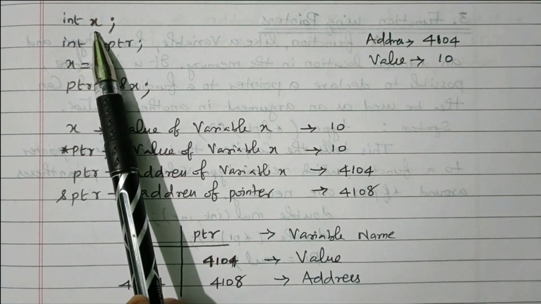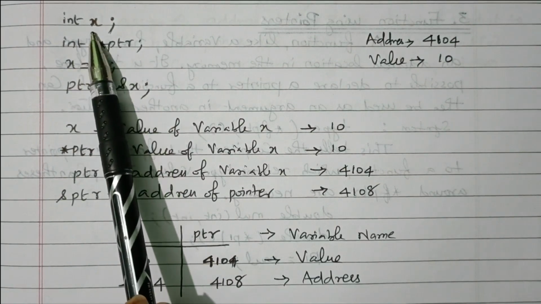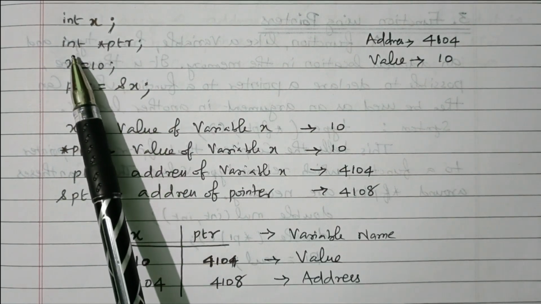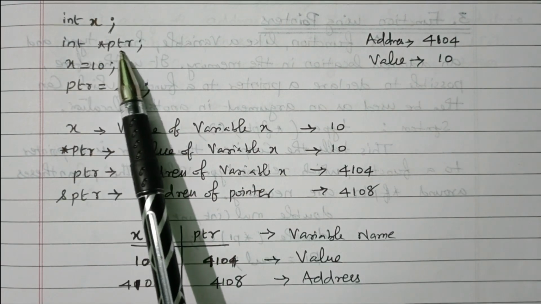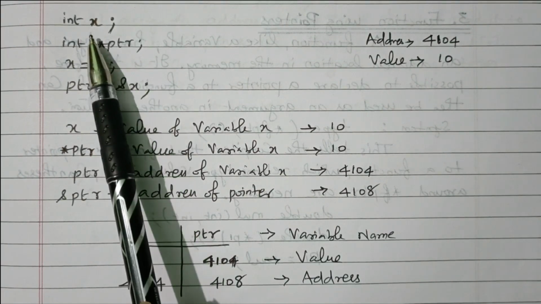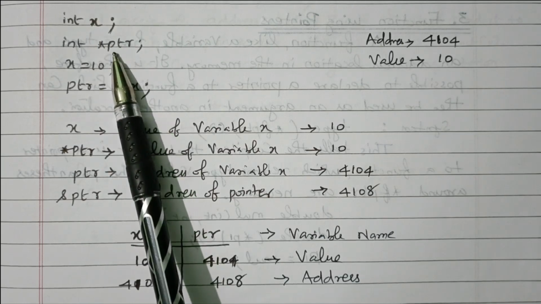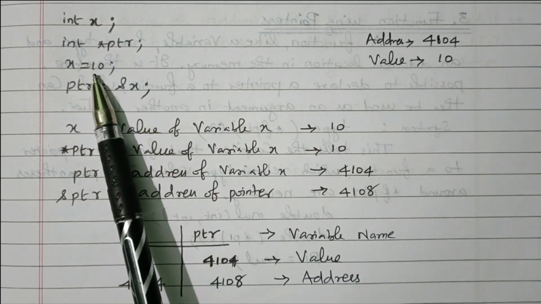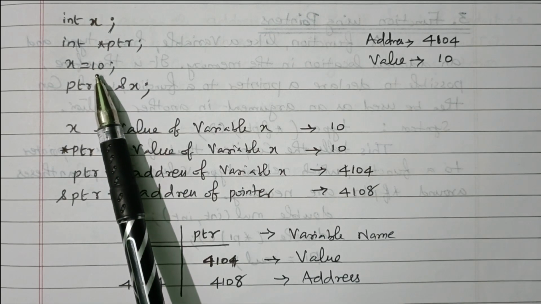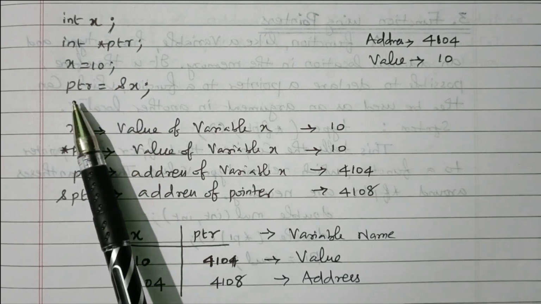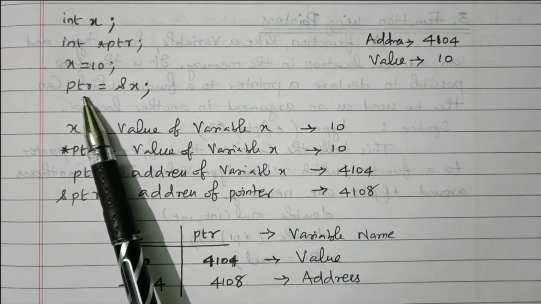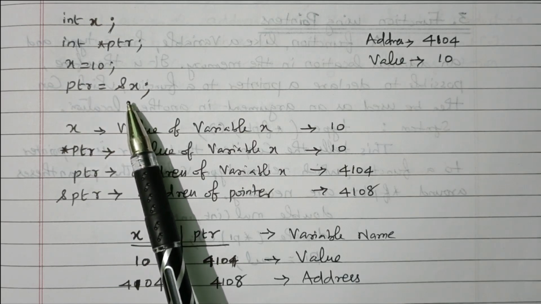Integer x. We declare the integer x, a normal variable, an integer variable. int *ptr. This is the pointer variable, right? x is the normal variable, and *ptr is the pointer variable. x = 10. The value 10 is assigned to x. ptr = &x.